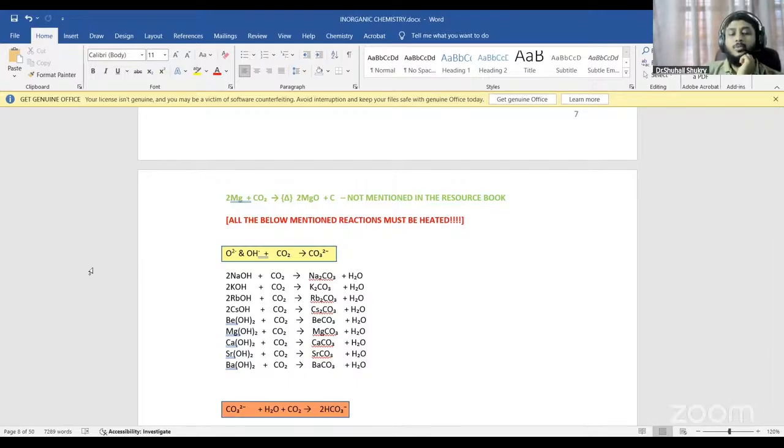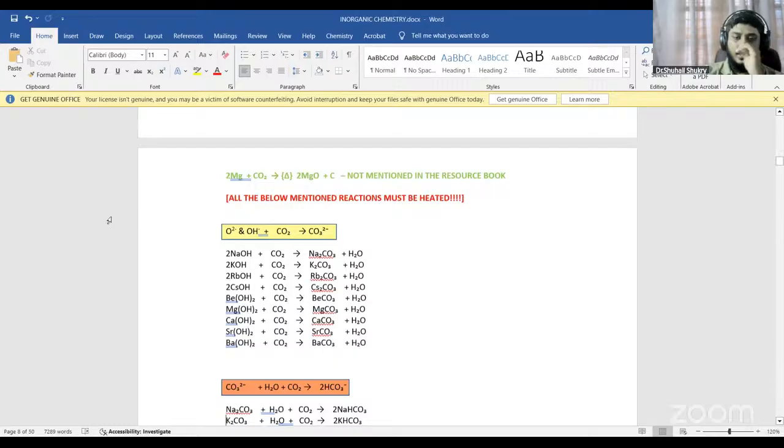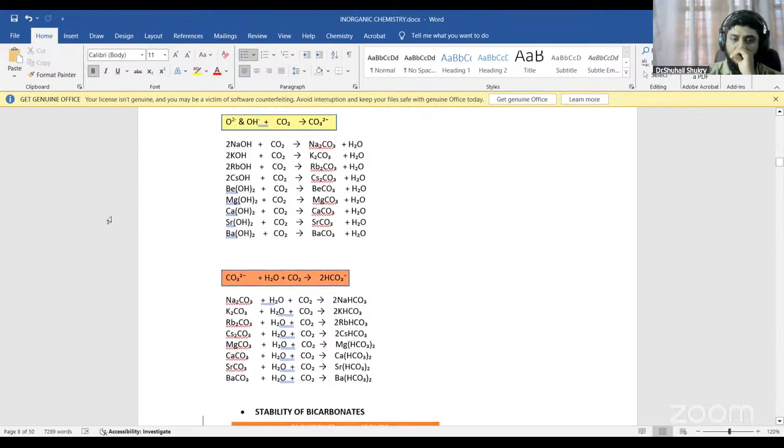Now see this with the carbon dioxide reaction. This one is not that important for you, how they react with carbon dioxide. It is actually not necessary much, just ignore that carbon dioxide part.